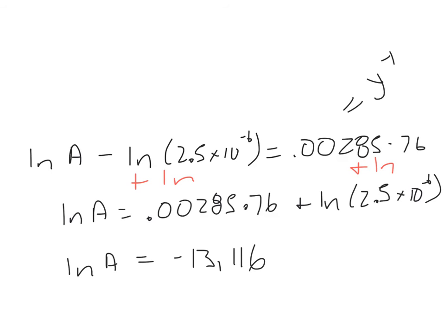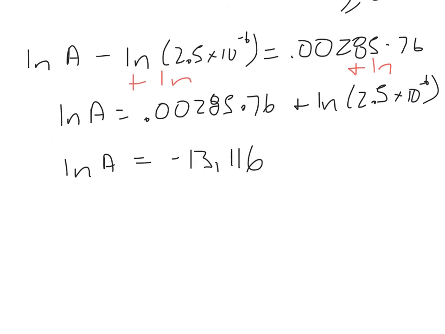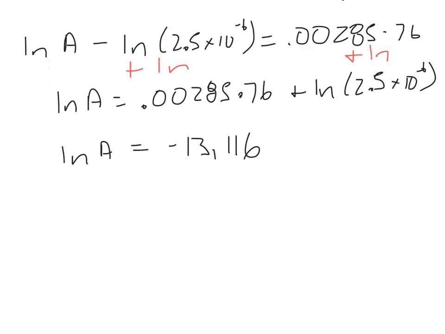13.116. And if you remember how to get rid of the natural log, I'm going to take both sides to the e power. So raising this one to the e and this to the e, that cancels that.